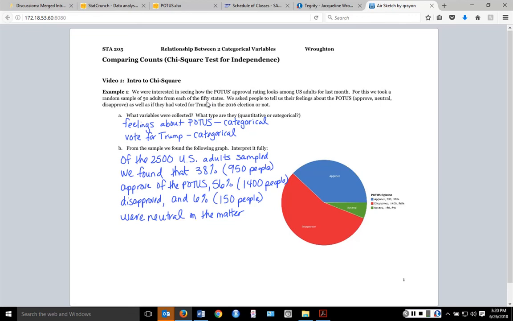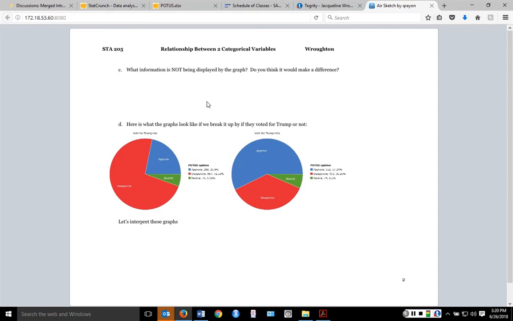However, that isn't quite everything. So what information was not being displayed by this graph? While there were two variables that we recorded, we did also take into account if they voted for the president. I mean, do I think that might actually make a difference? So the problem here is we have only addressed one of the variables.